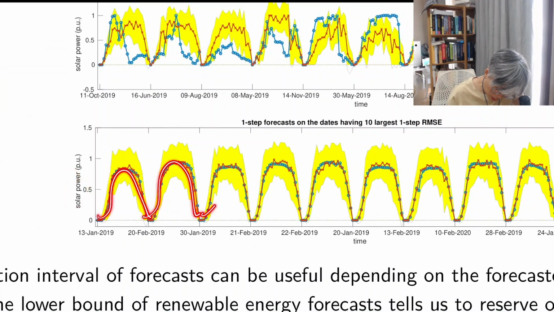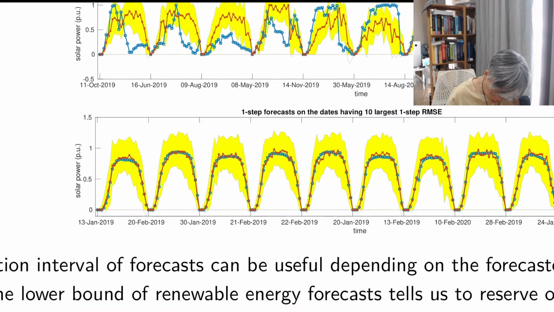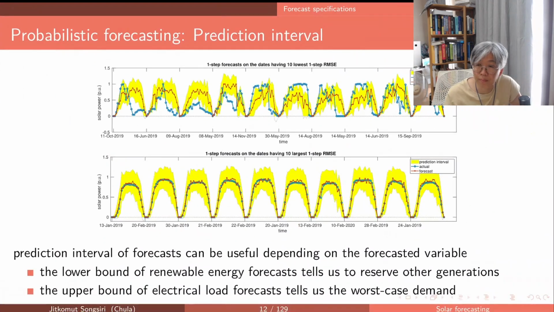The solar power is very smooth. At noon, you get a very high power. So in this case, you see that your forecast performs very well. It follows the trend, and you have the prediction interval that covers both the prediction and the actual value.